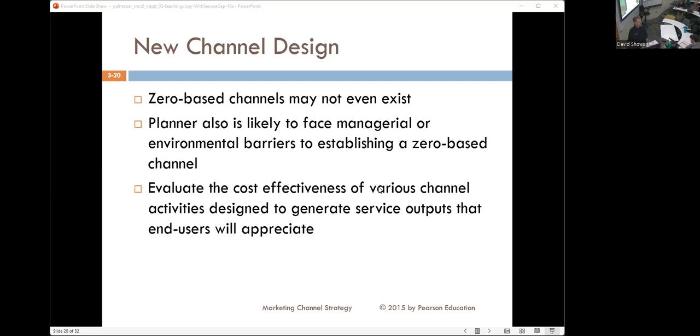Now, the truth is that the zero-based channel may not even exist. Based upon difficulties, especially with what are known as managerial and environmental bounds, quite simply, there may be no way whatsoever that we can actually close the gap as small as we wish.